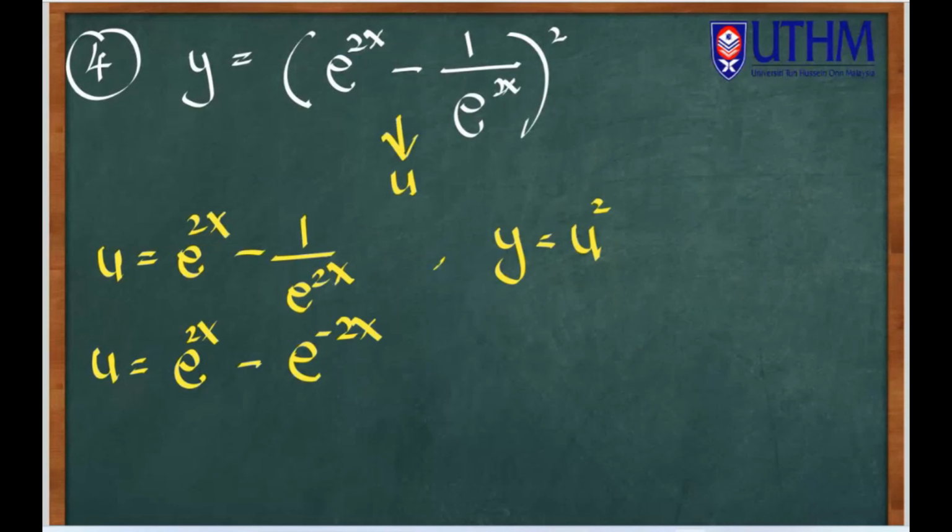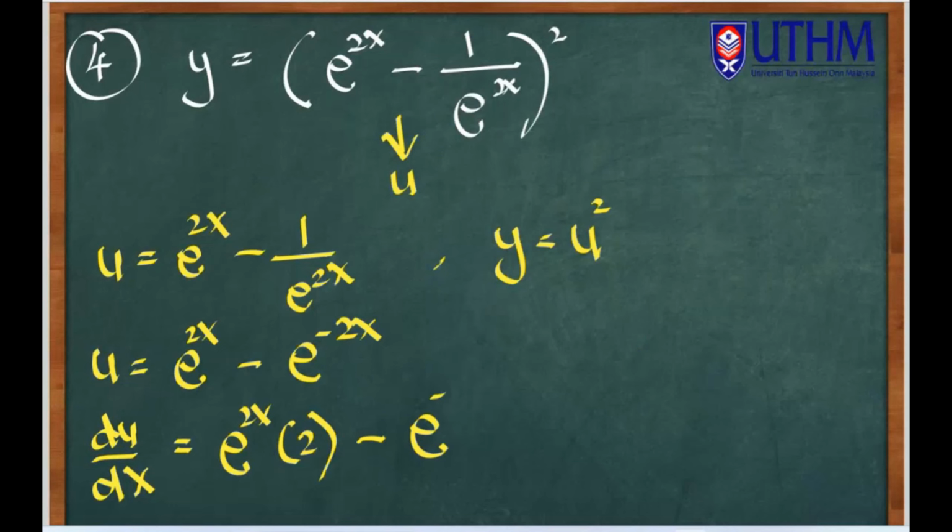So we need to find du/dx. So du/dx, we will get exponent 2x times 2, because when we differentiate 2x, we get 2, minus exponent negative 2x times negative 2.